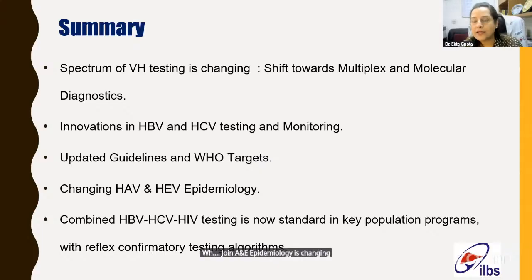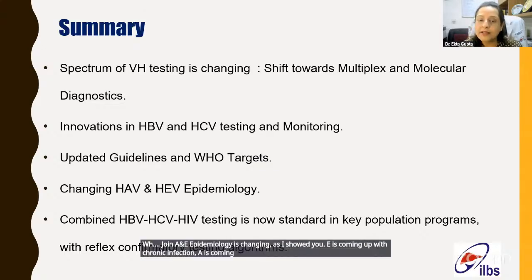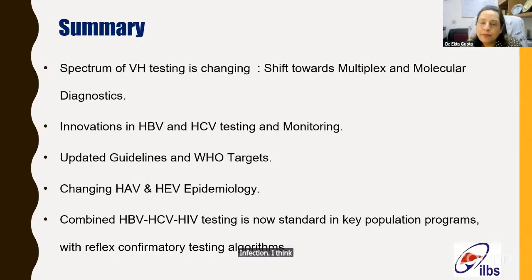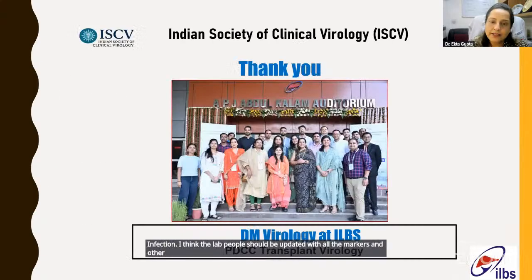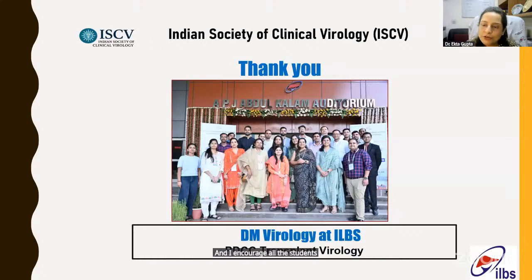As I showed you, E is coming up with chronic infection, A is coming with fulminant infection. I think the lab people should be updated with all the markers and other recent guidelines. So I thank you all. I hope and I encourage all the students to get started. Thank you.